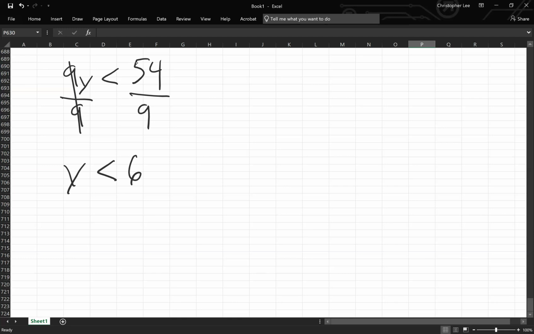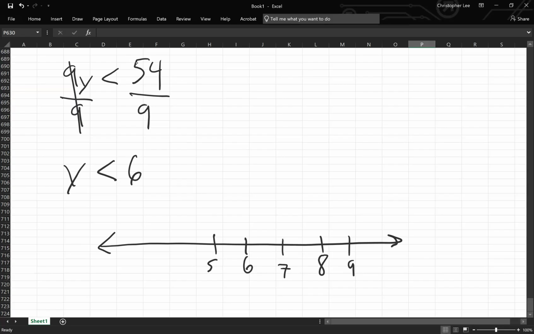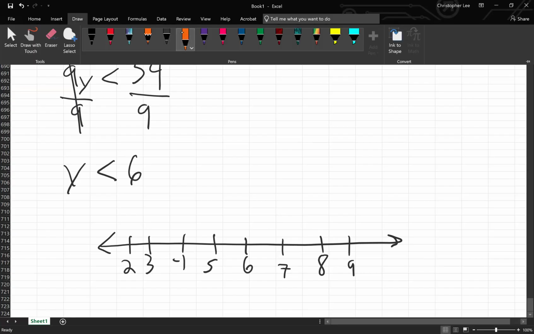And that's it. We're back to square one where we were before. Let's get our number line going. I'm just going to write 6 in the middle. I have 7, 8, 9, you get the idea. I have 5, 4, 3, and I'll even throw in a 2 right there. This is going to be a parentheses because this is y less than 6.